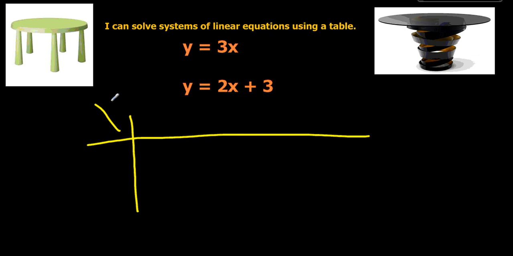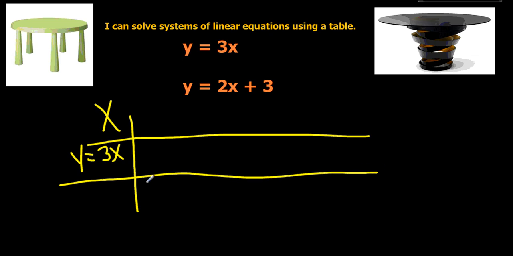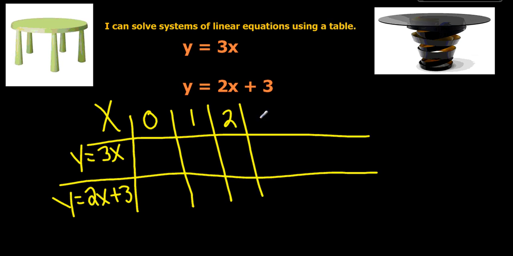I'm going to have my x value, and then over here I'm going to have my two equations. So y equals 3x, and then I'm also going to have my second equation, y equals 2x plus 3. If I put in different x values, maybe I'll use 0, 1, 2, 3, 4.